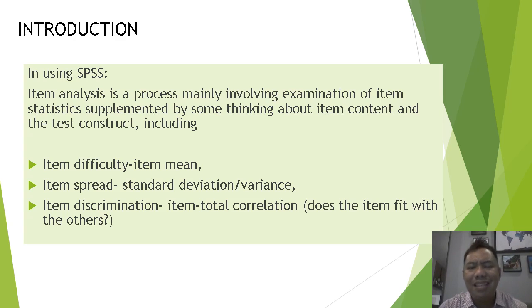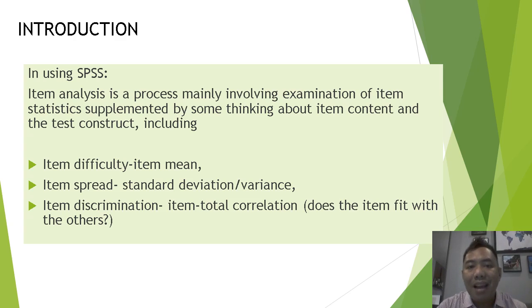So item analysis is done in research questionnaires, surveys, measures, or tests. It helps researchers look at the items in their questionnaire, test, survey, or measure and really think about whether the item content is correct, whether the task construct is correct, and whether it is really encompassing and measuring the concept it is supposed to.